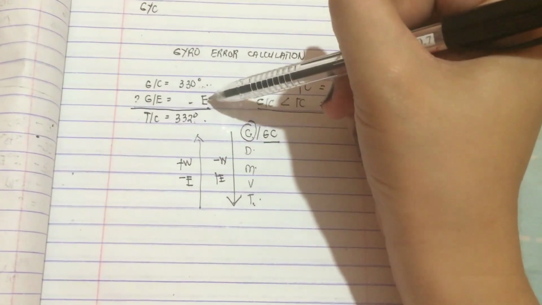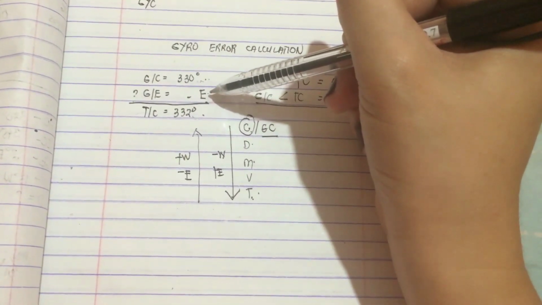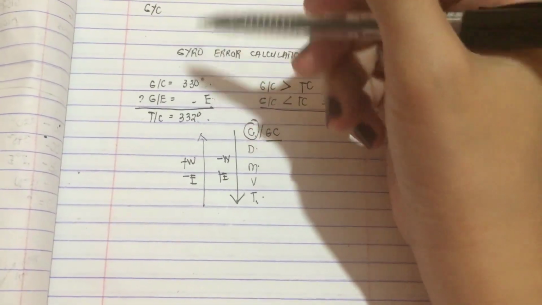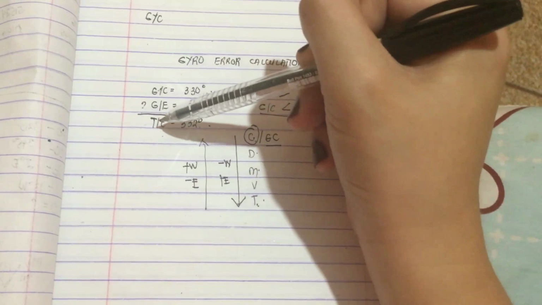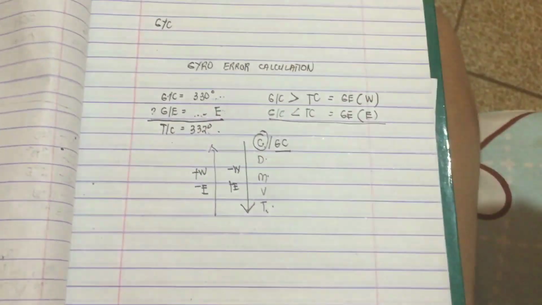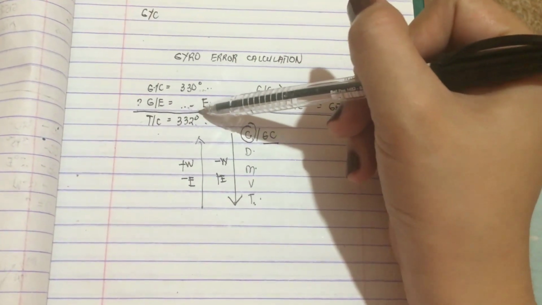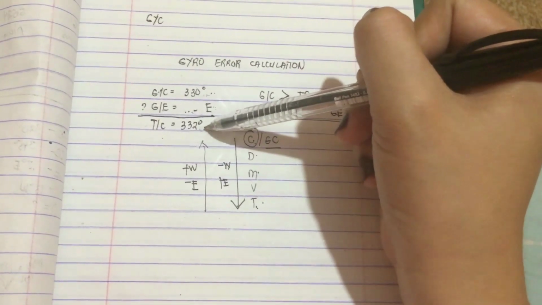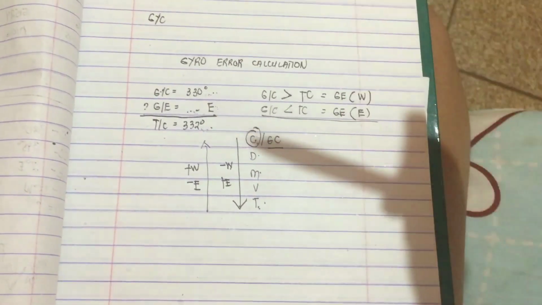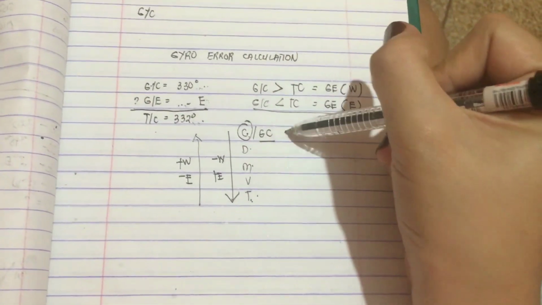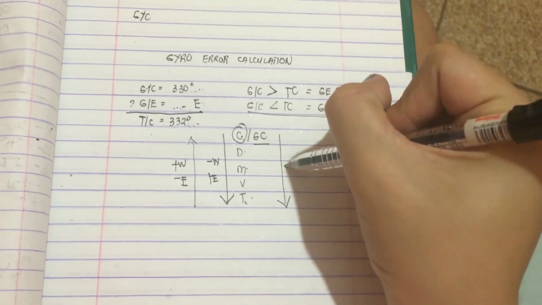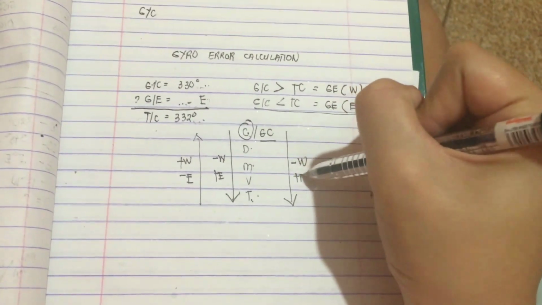Since we already have our direction for our gyro error, which is east, we will identify, from gyro course to true course, what should be the value of our gyro error in order for us to get our true course, which is 332 degrees. Gyro course to true course means subtract westerly and add easterly.